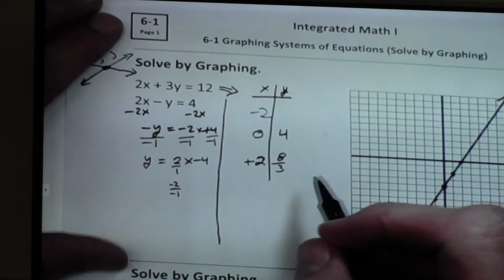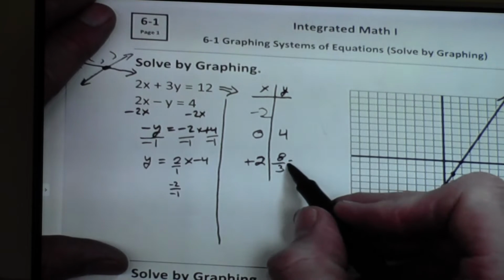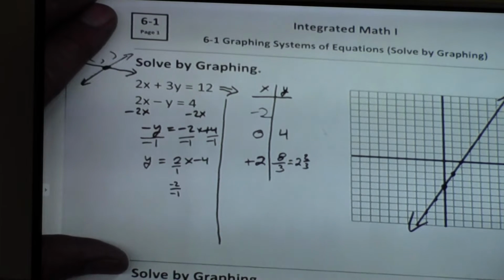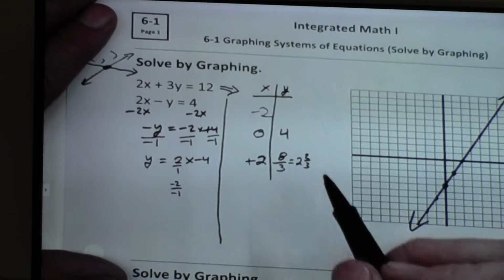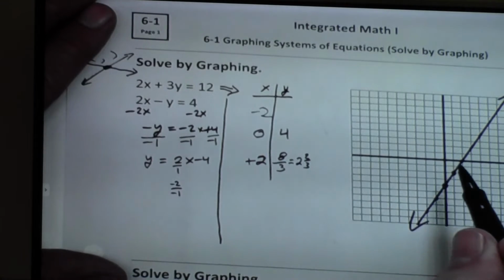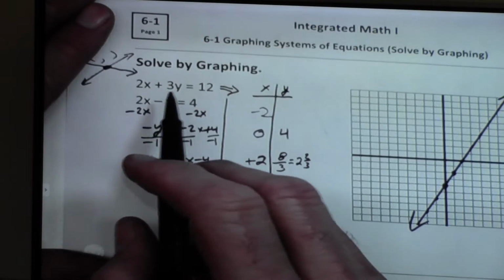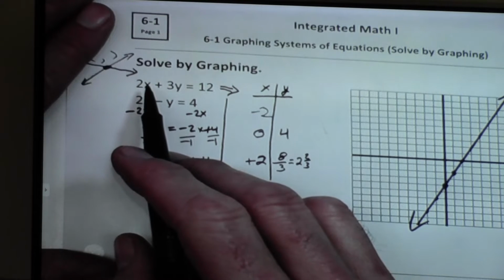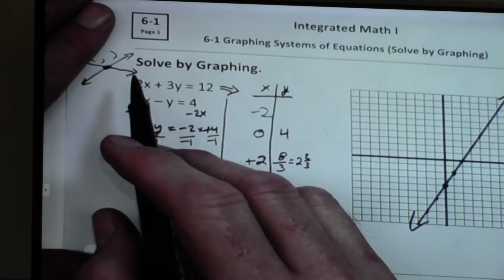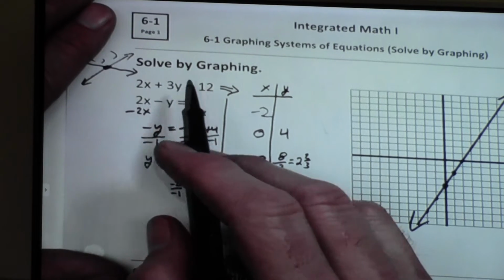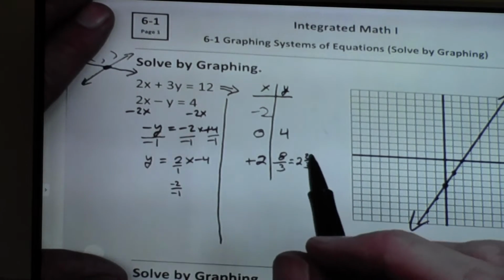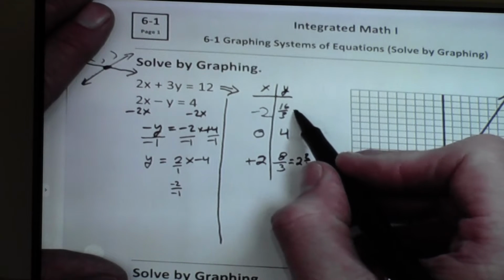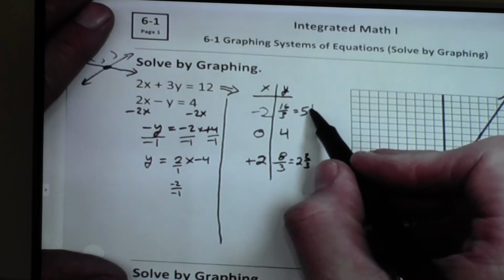Now for graphing purposes, that doesn't help as much as perhaps 2 and 2/3 might help. 2.67 could help too, but 2 2/3 will be a little easier to estimate where it's at on here. And then if I put negative 2 in here, 2 times negative 2 is negative 4. And if I add 4 to both sides, I get 16. 3 goes into 16. That's going to be 16 over 3, which is also equal to 5 1/3.